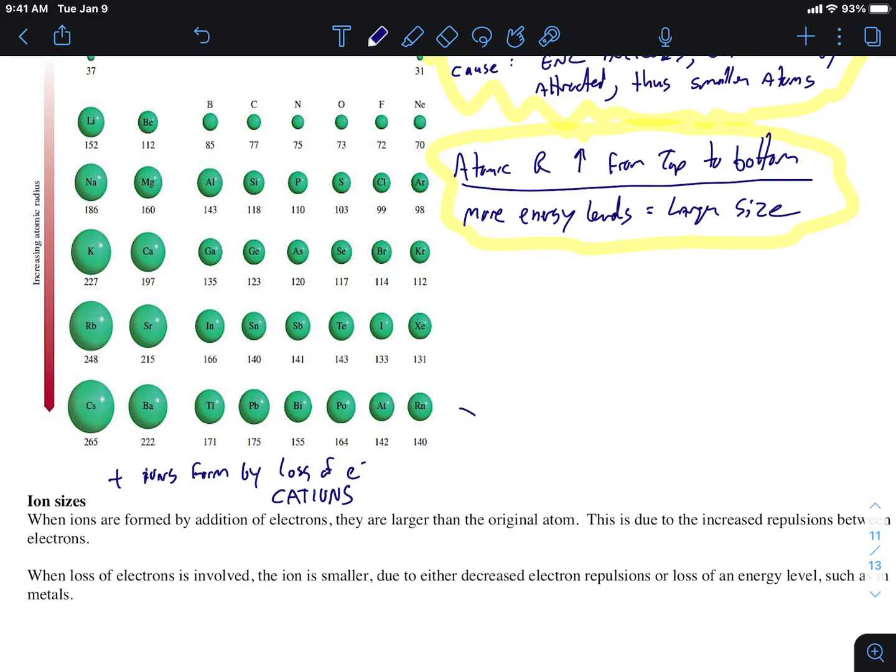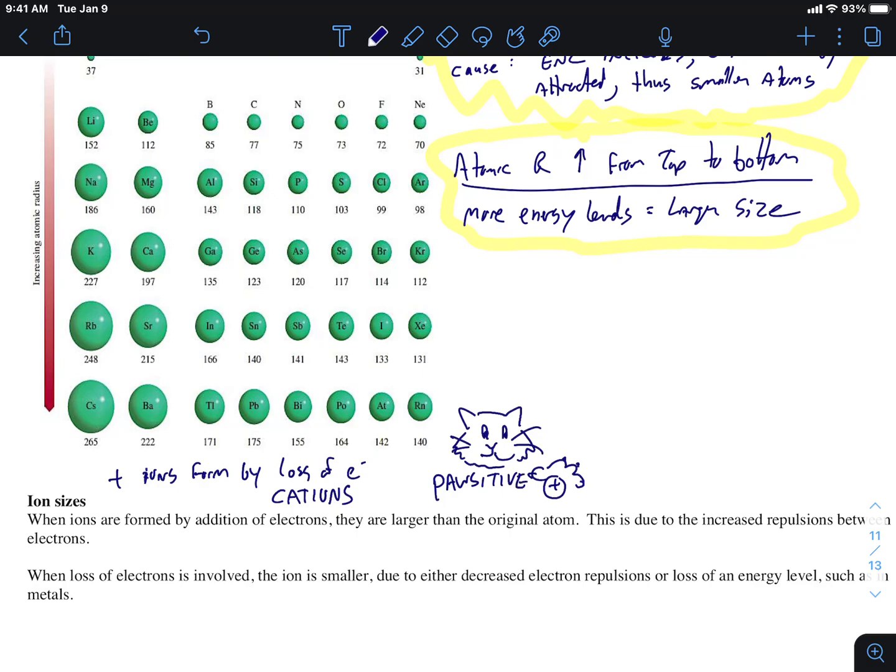And there's a way to remember that. Cations are positive.